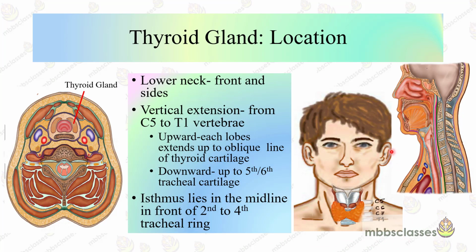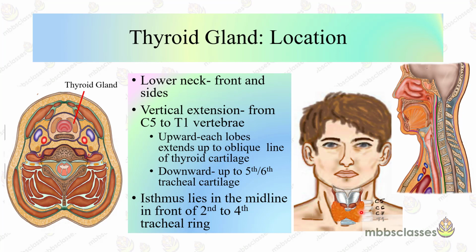So if we see the location of the thyroid gland, we already know that thyroid gland is located in the front of the neck in the lower part. So it is located in front and the side of the neck, and its vertical extension is from the C5 vertebra to T1 vertebra, meaning cervical fifth vertebra to thoracic 1 vertebra.